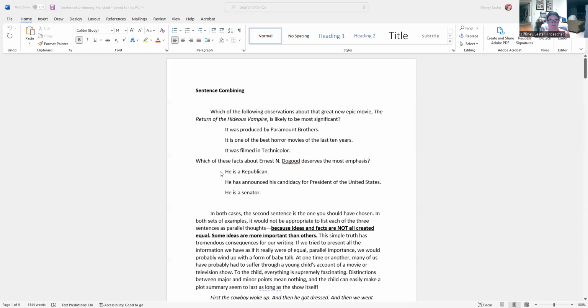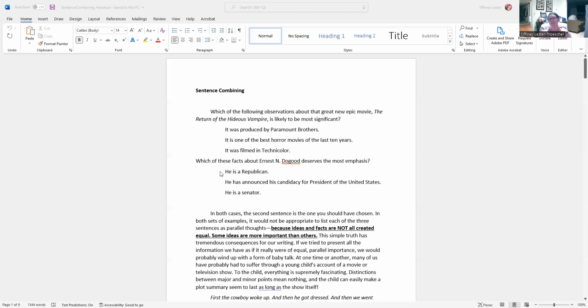That's a big deal. That's what we want to show our reader is the most important element of these three facts that we've provided. We don't want to just ditch the fact that he's a Republican or ditch the fact that he's a senator. We want to include those two facts, but we want our reader to stay focused on the most important fact, which is that he's announced a candidacy, right?